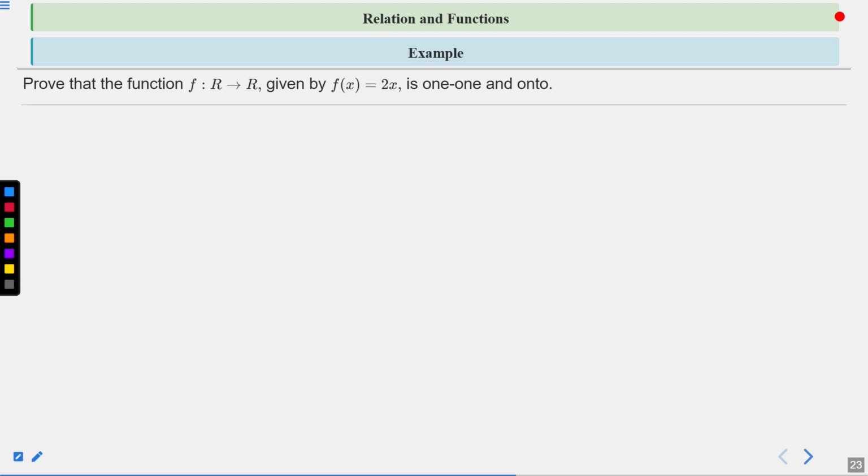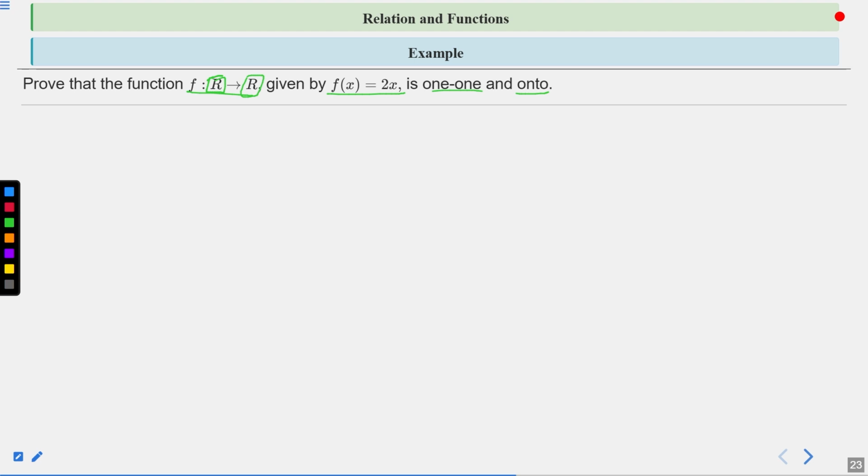This example. So function R to R. Now we are considering from real to real. f(x) is equal to twice of x. Now it is one-one as well as onto. What happened here? Quite an interesting thing is happening. Here we changed our domain and codomain to R. In the previous example, we had natural numbers as domain as well as codomain, while here we have real numbers as our domain and codomain.